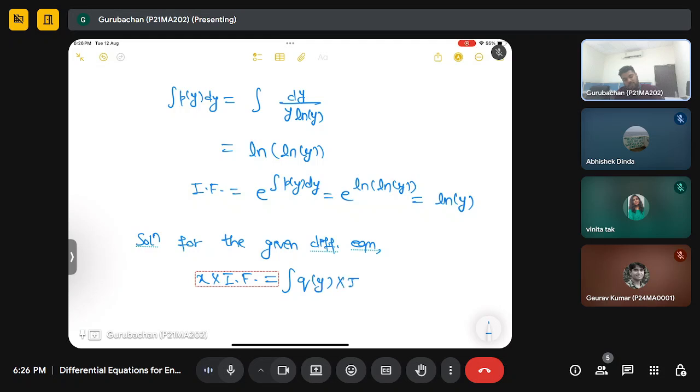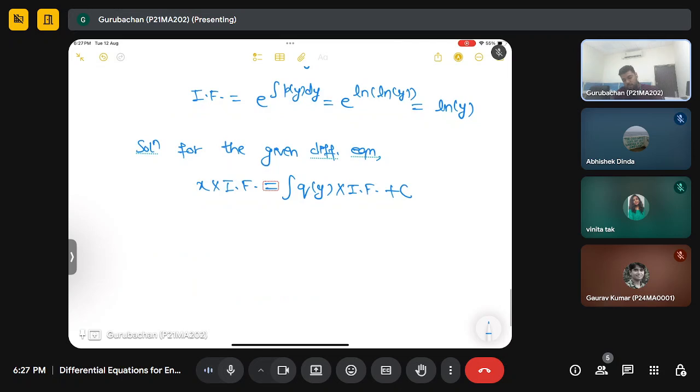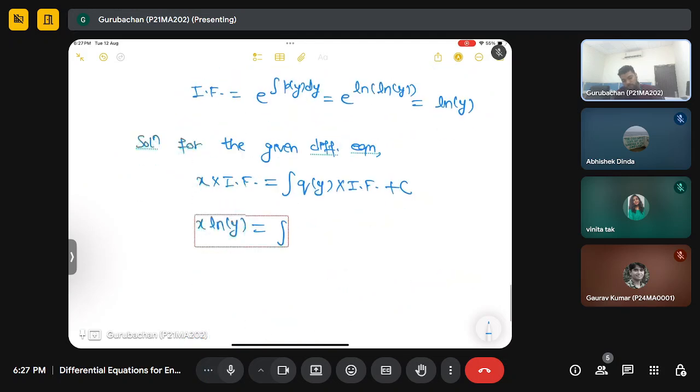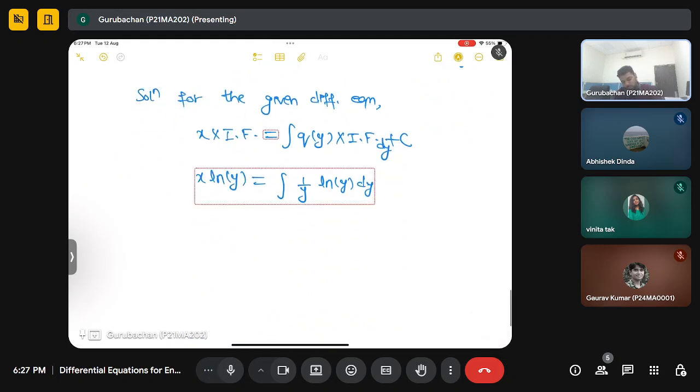The integrating factor is some constant, so you may write this constant after solving the integration. So this will be x into ln y equals the integration of what was our Q(y)? 1 by y. So this will be ln y dy. So this integration is dy. This will give you x ln y.